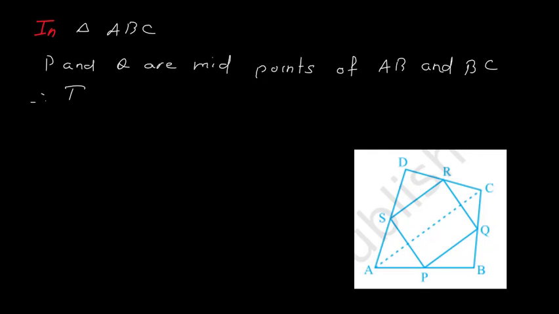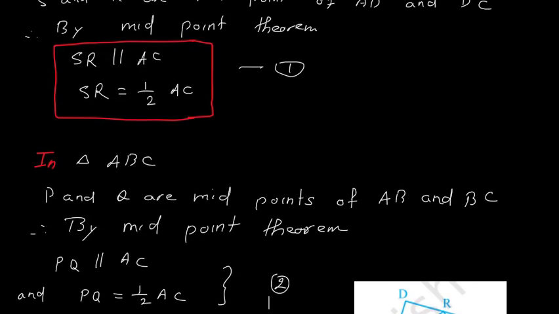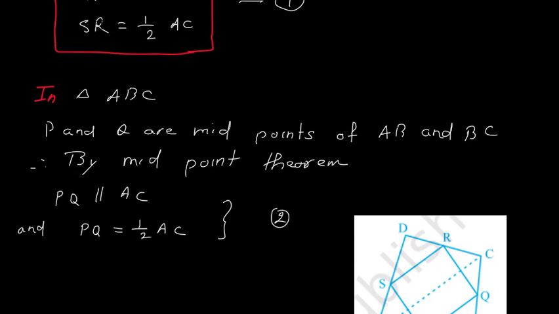Therefore, again by midpoint theorem, we have PQ parallel to AC and PQ is half of AC. This is the second. First is SR is parallel to AC, SR is half of AC.